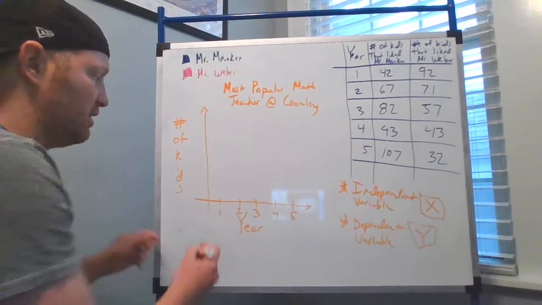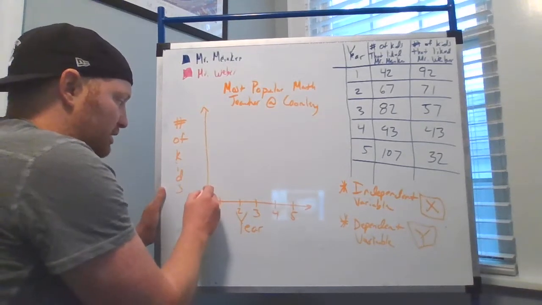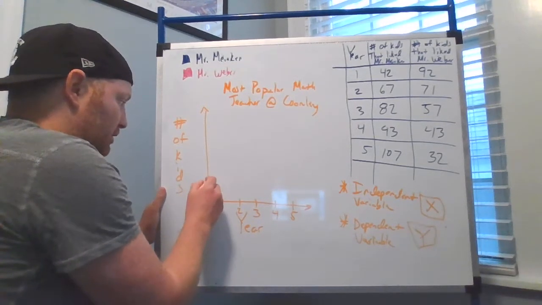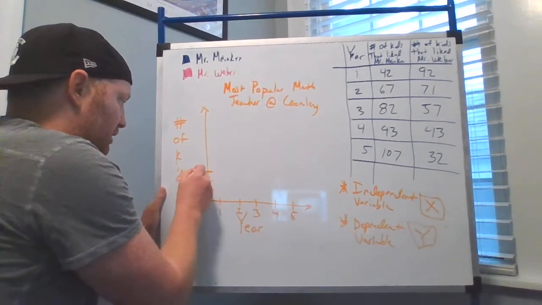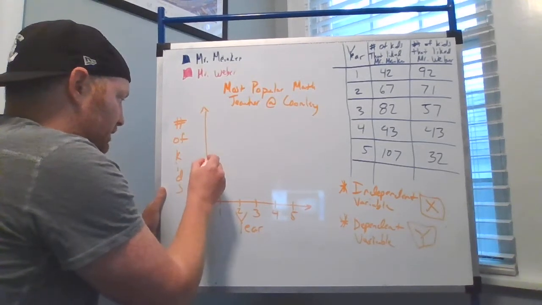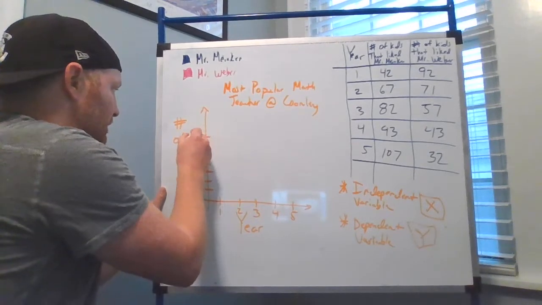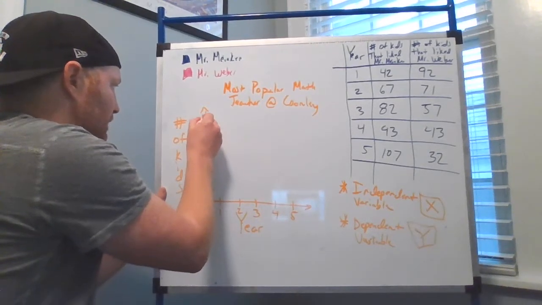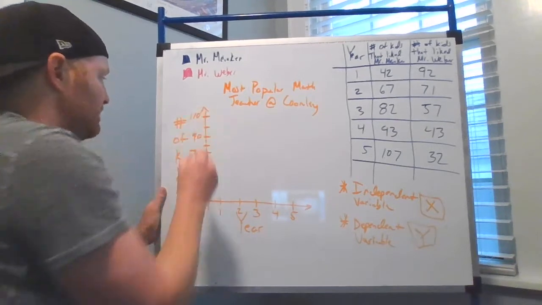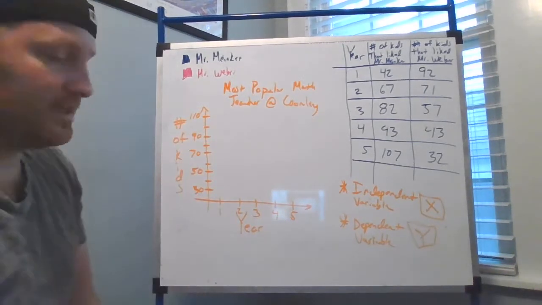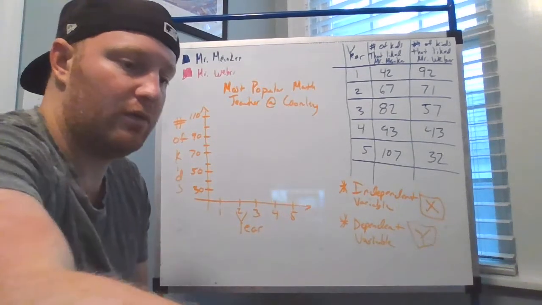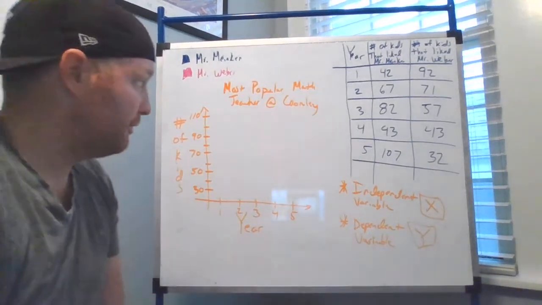But let's just start at 30 to make it a little more concise. 30, 40, 50, 60, 70, 80, 90, 100, 110. Try to space it as evenly as possible. And now let's begin plotting our data.